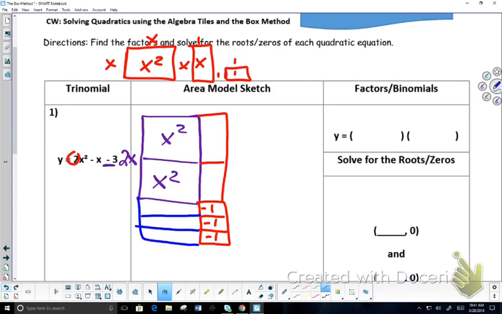How many positive x's do I have? 3. How many negatives do I have? 2. 3 minus 2 is positive 1. Is that correct? Because that's a positive 1. That's a negative. So is this a correct drawing? No. So I'm going to have to undo all that.